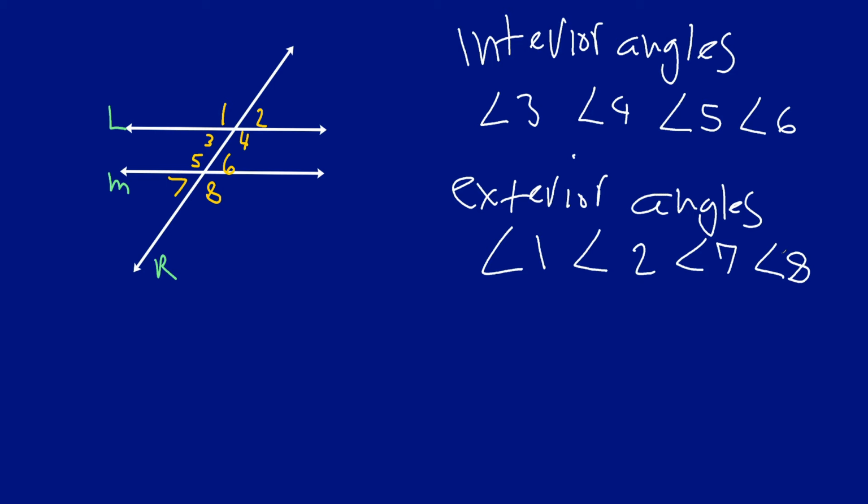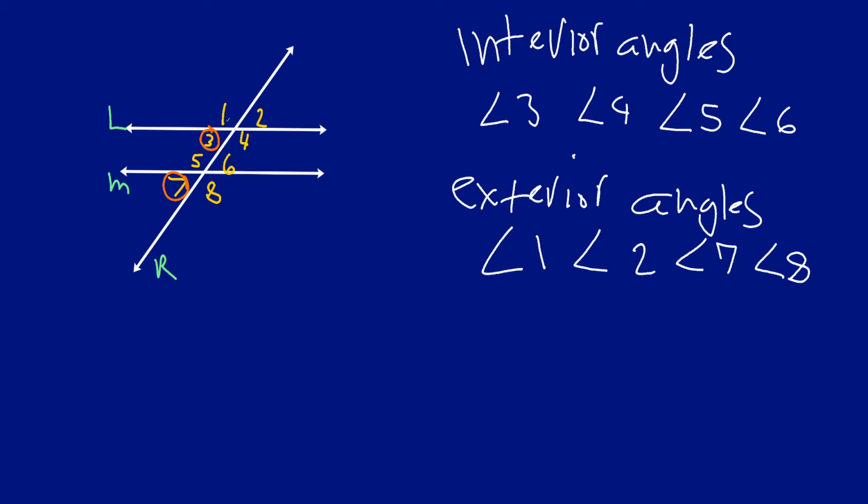Now, the next thing we're going to talk about is corresponding angles. These are angles that have the same relative position within a transversal. For example, look at angle 3 in our example. Angle 3 and angle 7 are in the same relative position.